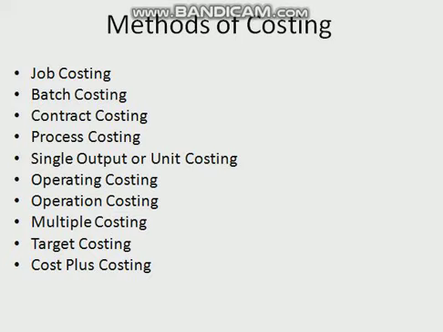Job costing is done on the basis of customer's requirement. Customer sets the design and on the basis of that the design is made and then the cost is ascertained for that particular job.